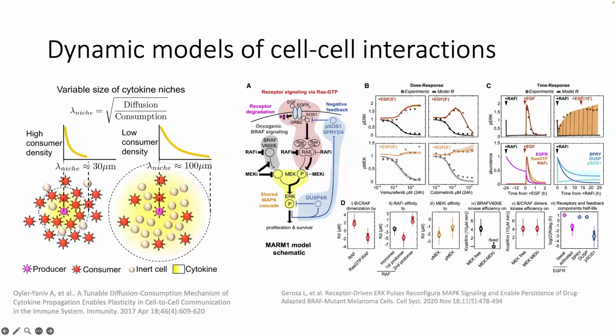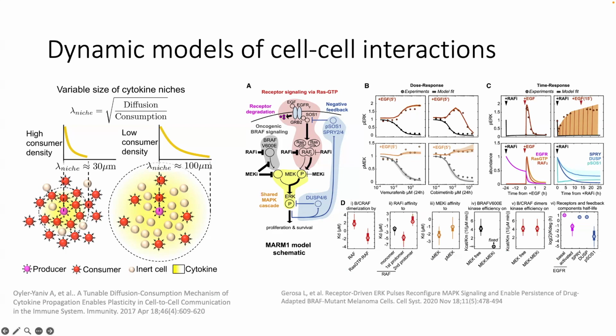I'm going to end with other types of models that I think are very interesting. These are dynamic models based on differential equations that either try to model the niches by looking at the diffusion of the ligands, with sender cells producing these ligands and receiver cells consuming them, so you can model the whole response curves.